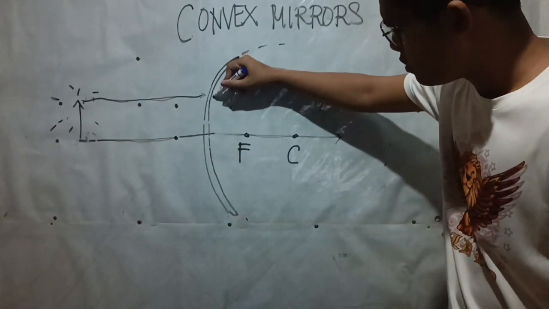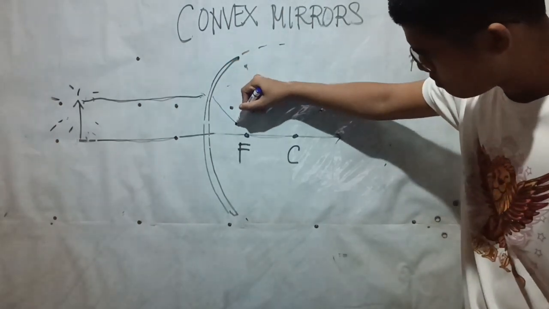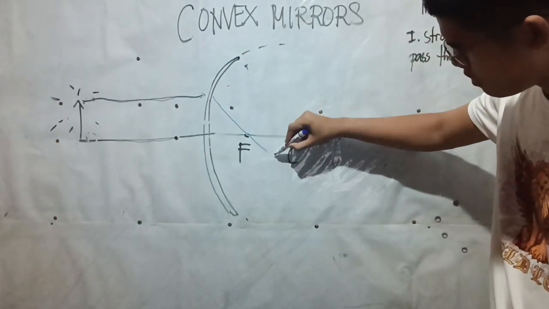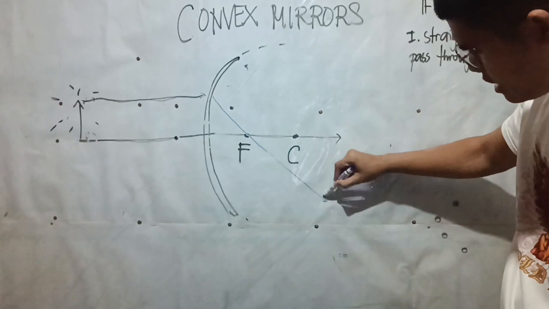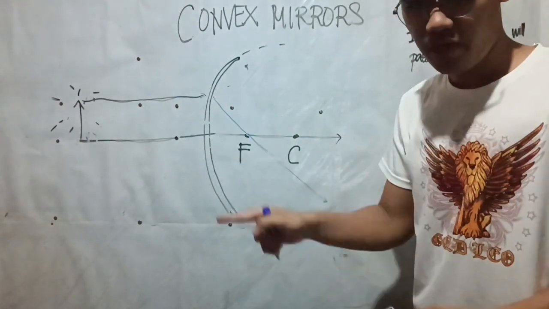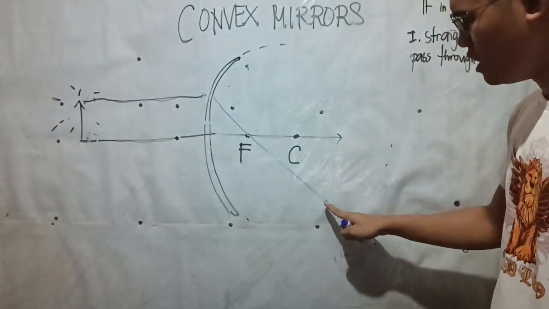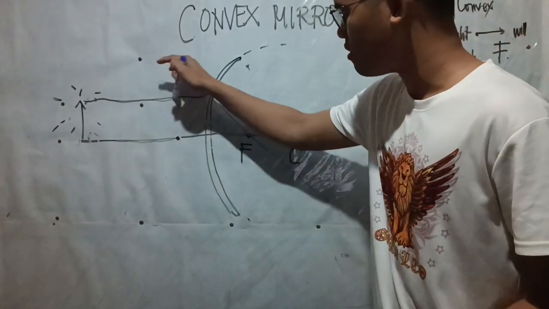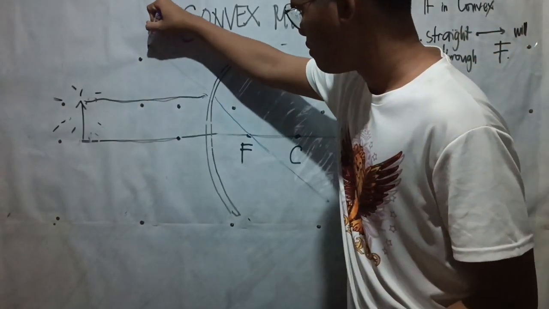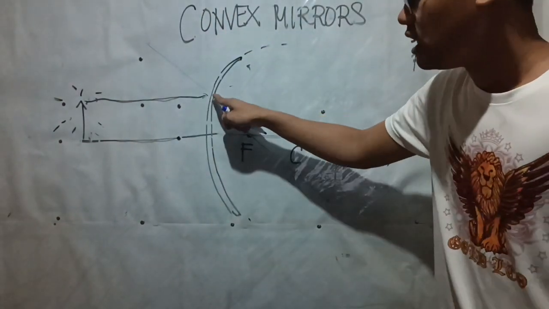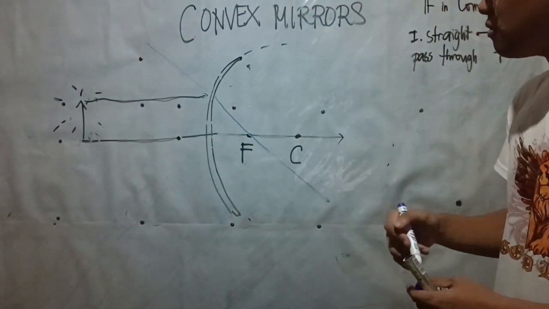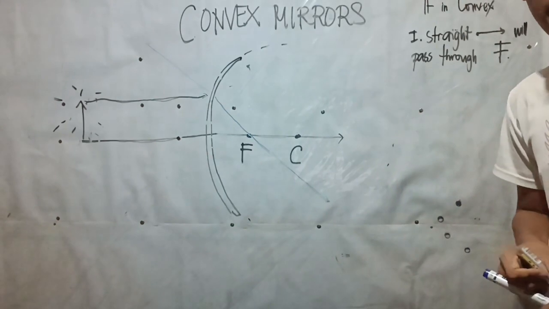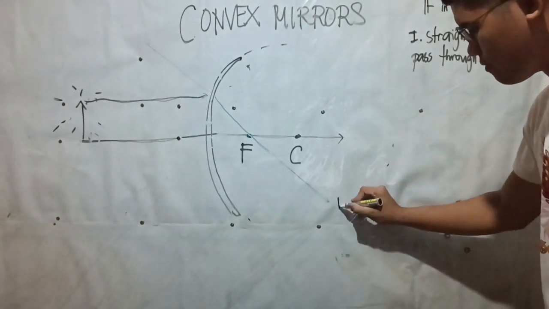They will pass through the focal point. Right there. If we notice, this ray will extend from here to there, straight. So we label it as ray number 1.